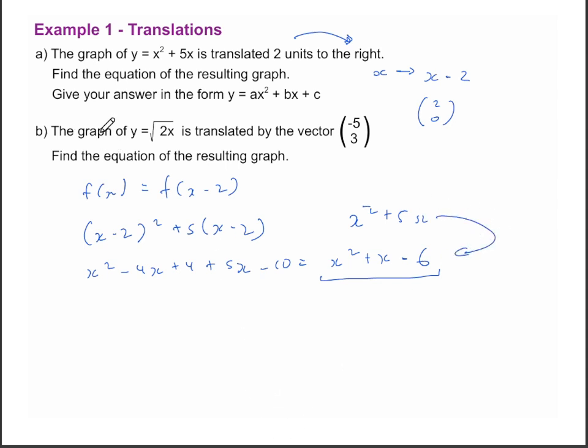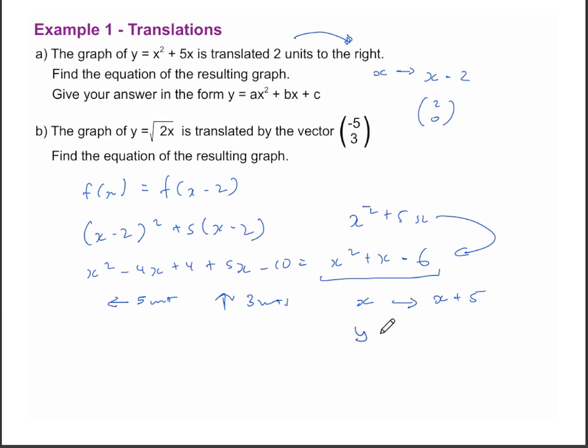Then the second one, the graph of y equals root 2x is translated by the vector (negative 5, 3). So what's happening is it's moving to the left by 5 units, and then it's moving up by 3 units. And according to our transformation that we have done, the translation part, x will become x plus 5, because plus now is moving to the left, because moving to the right was a minus.